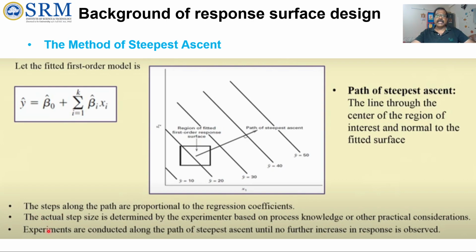The experiments are conducted along the path of steepest ascent until no further increase in response is observed. So we continue with uniform step sizes, and where we are not getting any improvement in the response, we have to stop. So until no further increase in response, we perform this RSM technique.